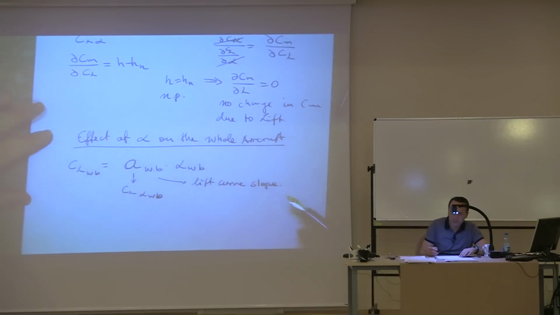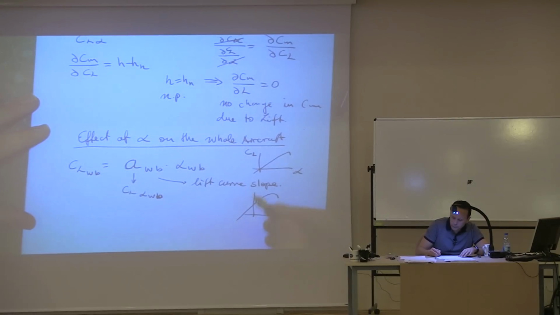Someone asked me the other day, well, CL alpha graphs for a symmetric airfoil looks like this, and it's 0 alpha, this is CL. But how about this one, right? For many airplanes or airfoils, the CL alpha graph looks actually like that, right?